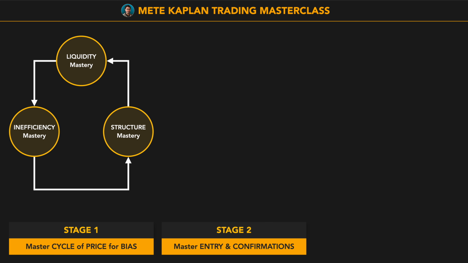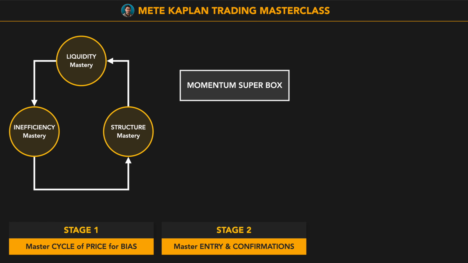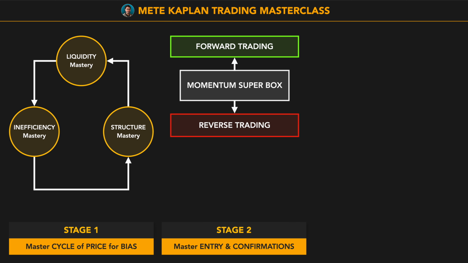In the second stage, we will work on entries and confirmations using momentum superbugs with forward and reverse trades. You'll learn how to write structures towards a main target and bias we found in stage 1.